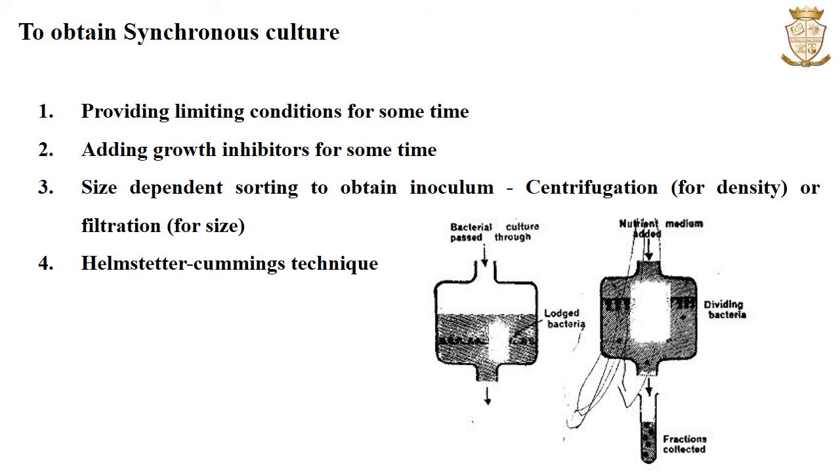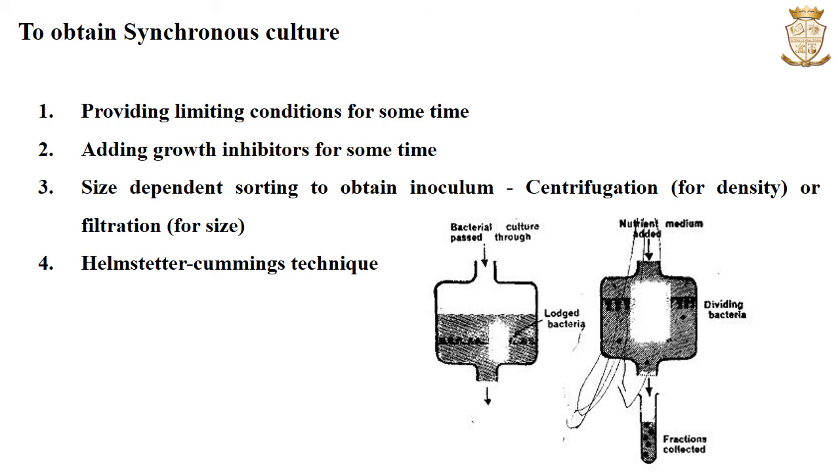Here we will not provide the necessary growth conditions for the culture for some time. For photosynthetic bacteria, we will not provide enough light. The light will be eliminated for several hours, and then when light is reintroduced, all the cells will start to grow together and will be growing at the same stage.